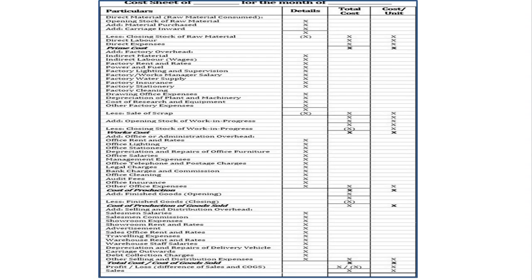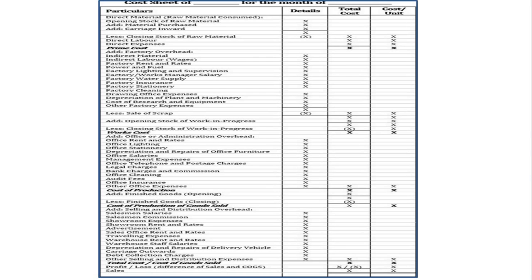Okay, so what you have to do is take the opening stock of raw material. To that opening stock of raw material, add the purchase amount of material and also any other purchase charges like carriage inward or freight inward, and from that amount subtract the closing stock of raw material.